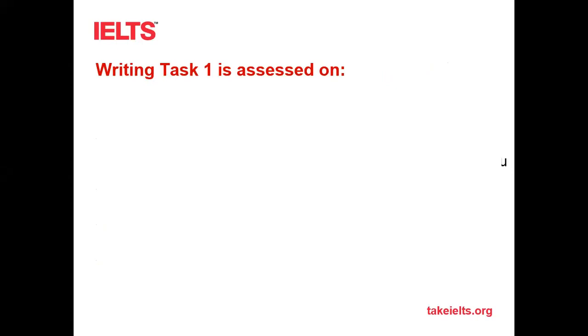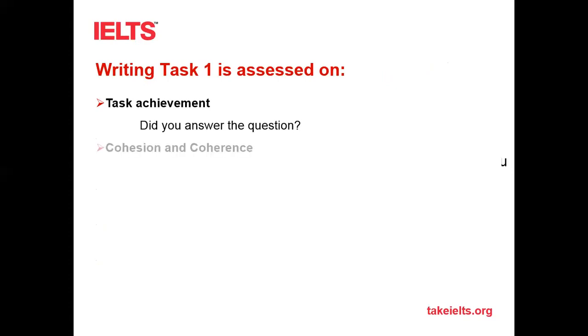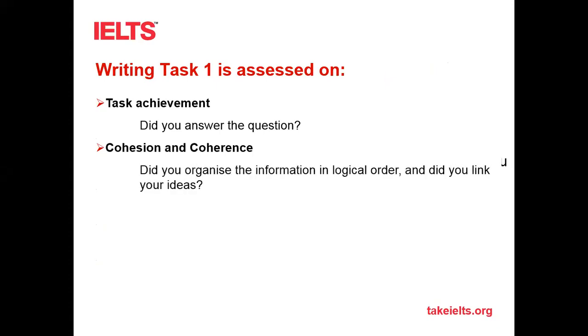Let's have a look at how it's assessed. Task achievement, that means how well you answered the question. Did you answer the question? Did you include all the parts that you've been asked to include? Cohesion and coherence, that means organization. Did you organize the information in a logical order?